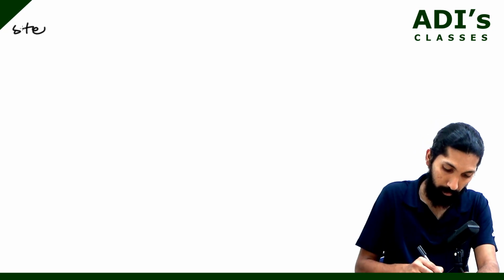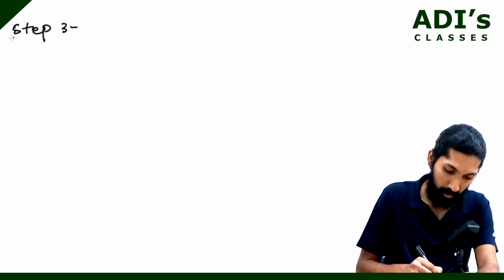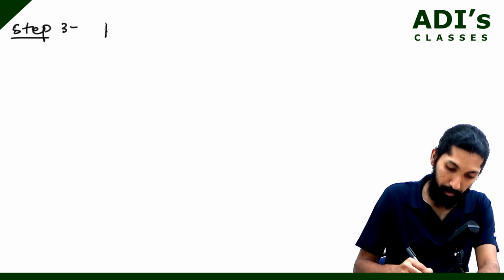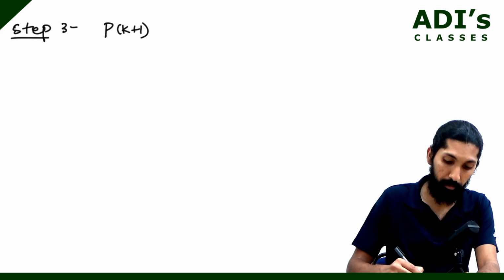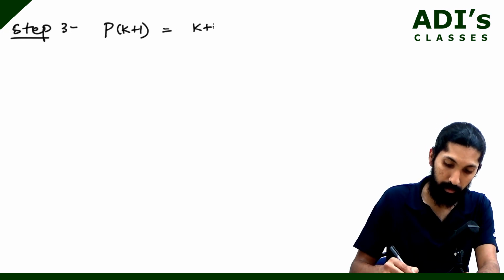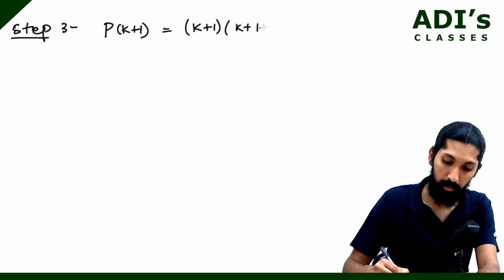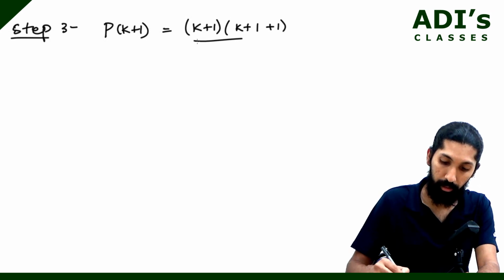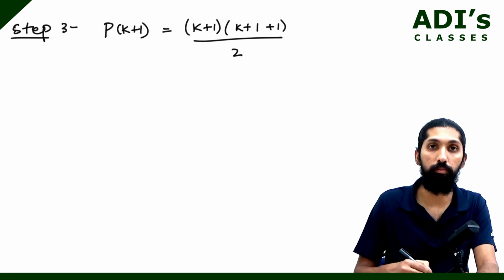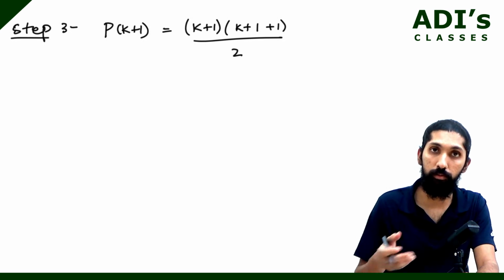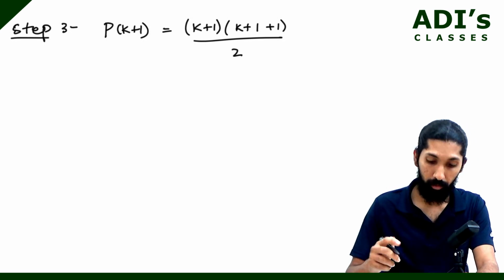So in step 3, p of k plus 1 becomes k plus 1 into k plus 1 plus 1 divided by 2. We need to prove that this is true, isn't it? This is the whole point of solving this particular problem.